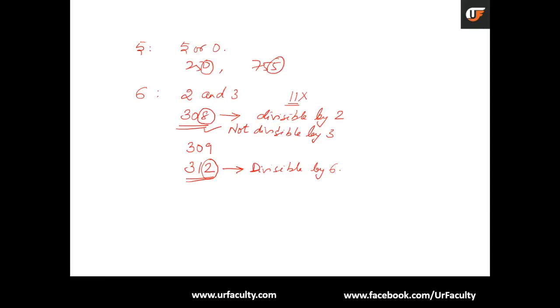Because you will come across problems in CAT or in bank exams or in GRE where they will ask what number has to be added onto a particular number to make it divisible by 6 or 26 or whatever. So whatever it be, if you understand this logic, all that you have to do is apply what I did now.